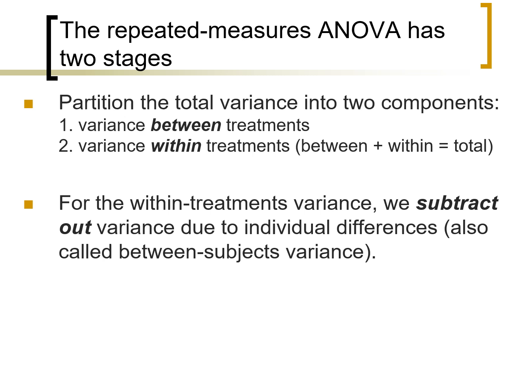So basically, ANOVA is, as I mentioned before, a partitioning of variance model. And we're doing the between and within partitioning. But for within subjects or repeated measures, we can subtract out the variance due to individual differences. So we're going to introduce a new term here called between subjects.